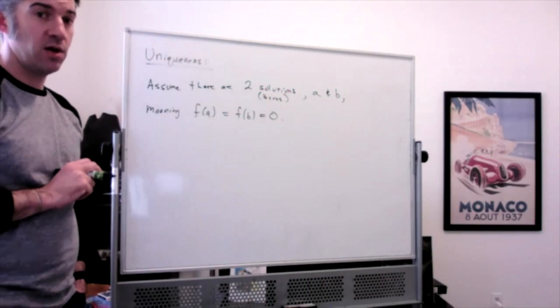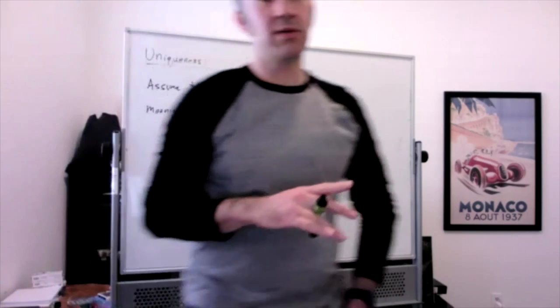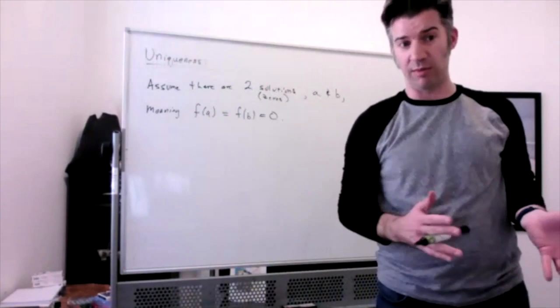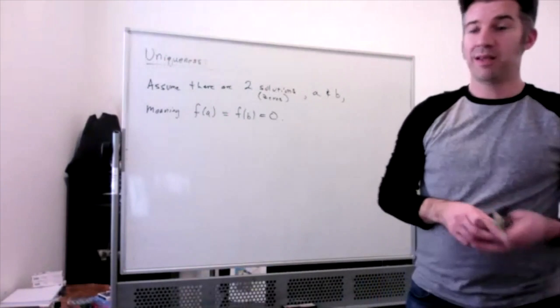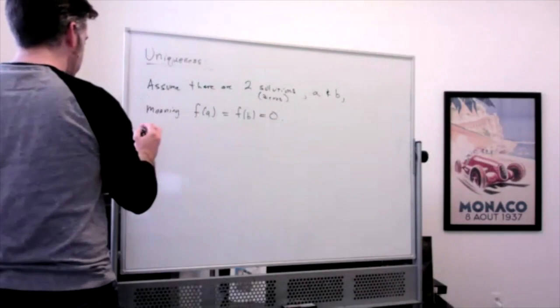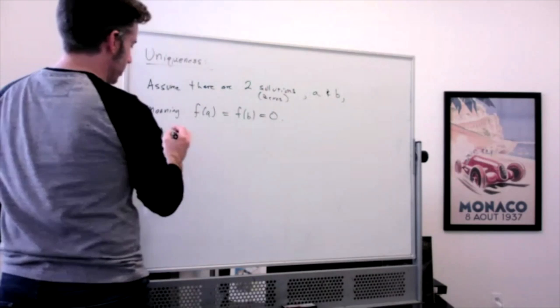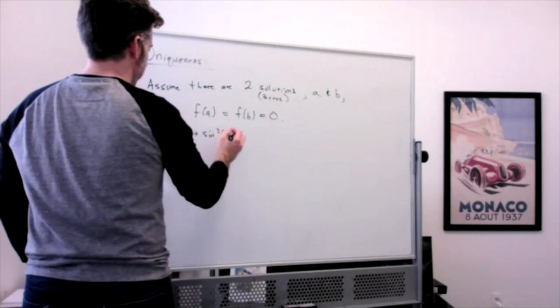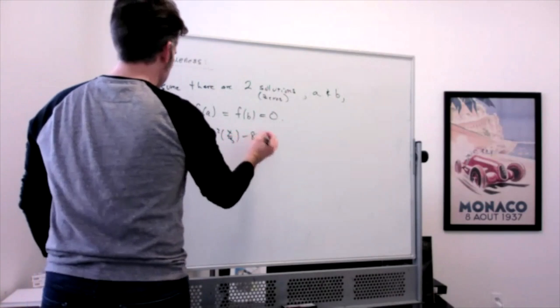Well, now we're going to use actually what's called Rolle's theorem, which is just a special case of the mean value theorem. So I'm just going to write it like mean value theorem. So here's what we know. f of x, which is equal to x plus sine squared of x over 3 minus 8.